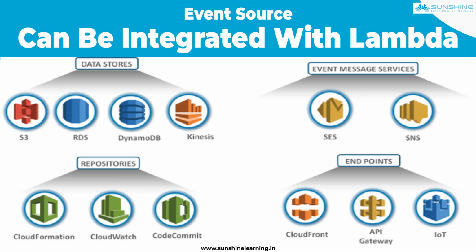API Gateway is one of the popular event triggers for Lambda function. CloudWatch is another popular trigger. Likewise, you can integrate IoT, or Internet of Things, devices. And there are many other services not mentioned in the slides, which you will find in the lab demo, and you're going to get to know all the event sources that can be integrated with Lambda.